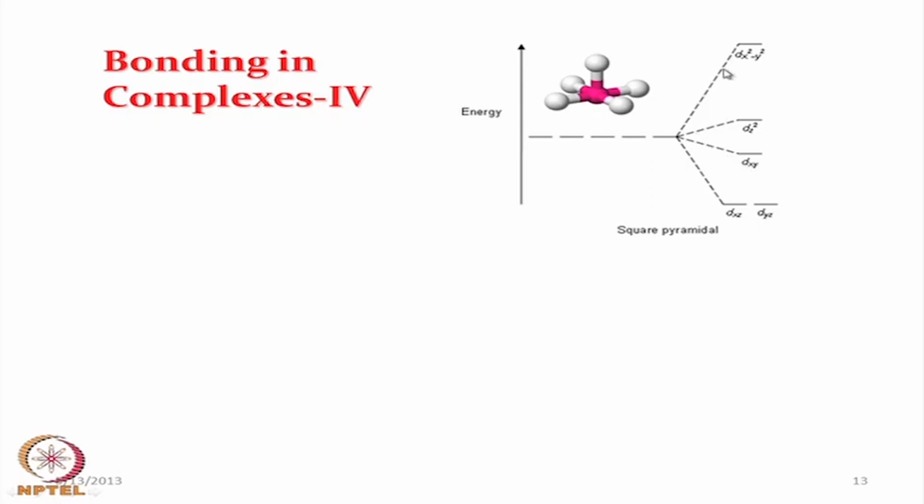So this is a very simple crystal field diagram to be drawn for a square pyramidal geometry, where you see that we have a doublet, one singlet, and one singlet. So 3 levels would be singlet and 1 will be doublet.